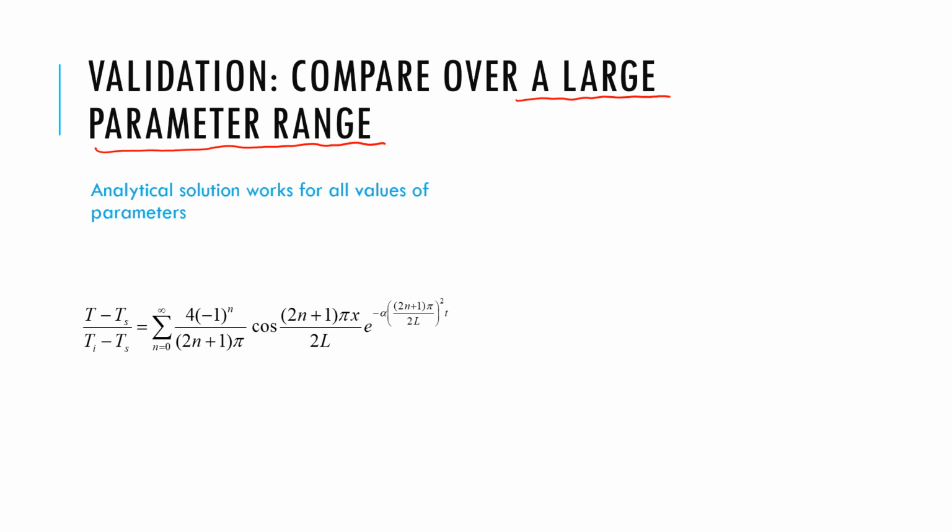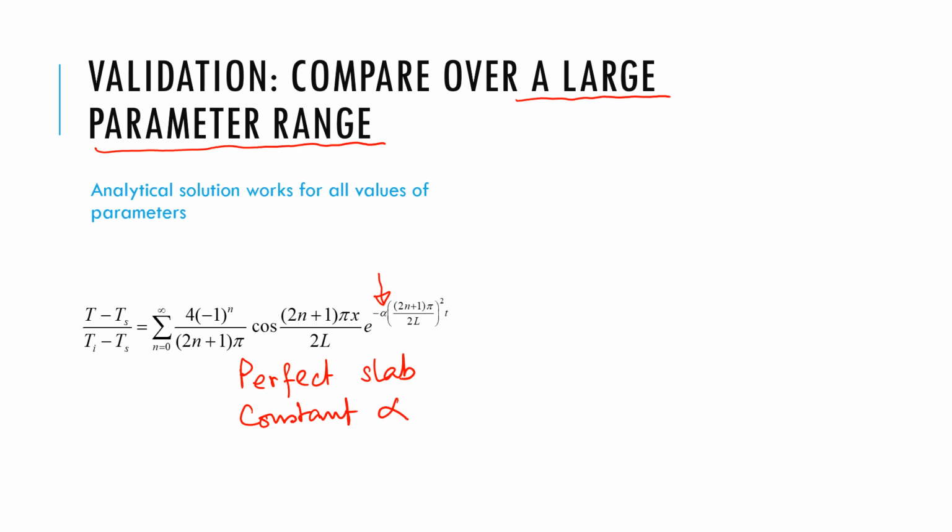If you recall, this was for a perfect slab, and it was for constant properties, constant alpha. So as long as these and other conditions for which the analytical solution was obtained are satisfied, then we can use any value of alpha and we would get a solution.